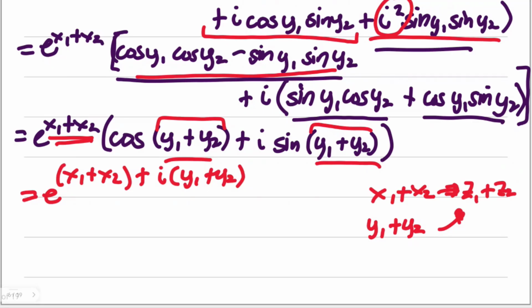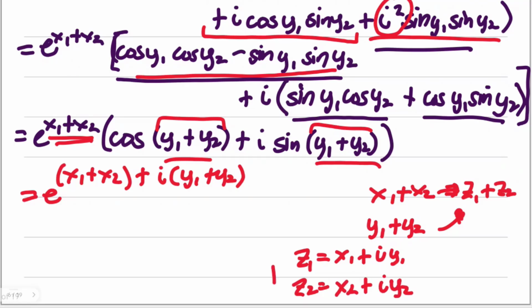Just like if you have z sub 1 equal to x sub 1 plus i y sub 1, and your z sub 2 is x sub 2 plus i y sub 2. If we're going to add them, z sub 1 plus z sub 2 is equivalent to the sum of the components here plus the sum of this, and when we factor out i, we're just going to add y sub 1 and y sub 2.